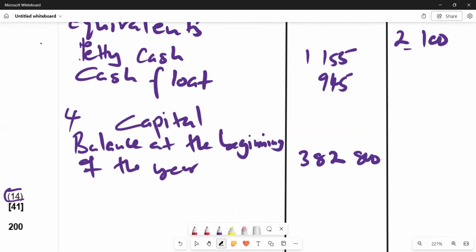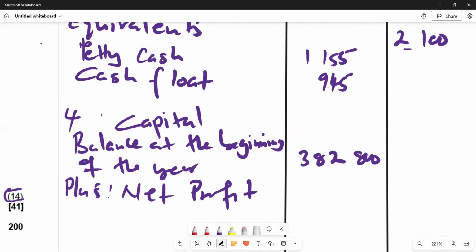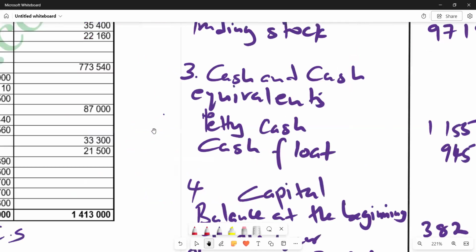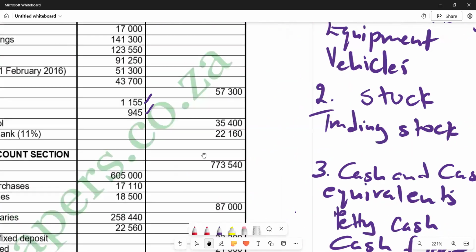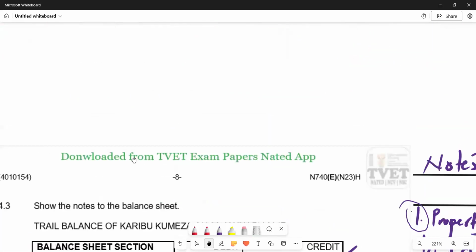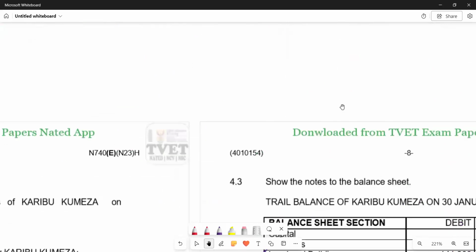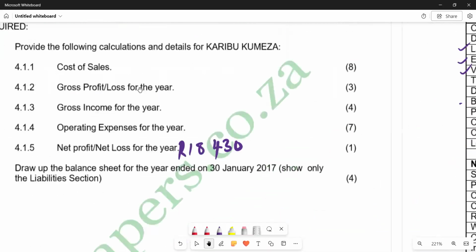And then we add net profit, remember, according to that formula, plus net profit. Net profit was calculated in the first part of this question, and we are not going to do the first part in this video. So we can just take the figure for net profit that we have there, which is 18,430.